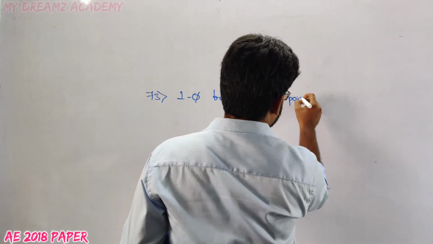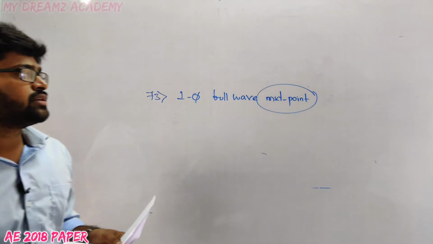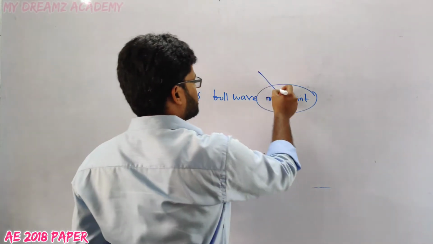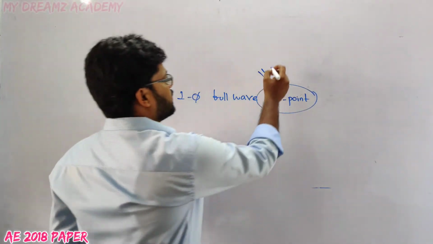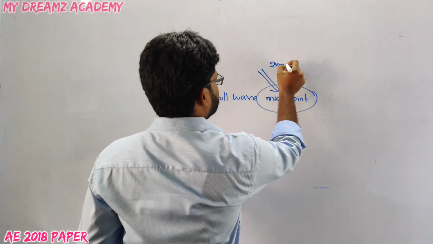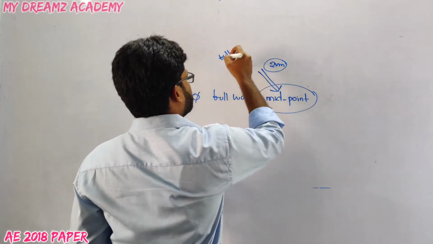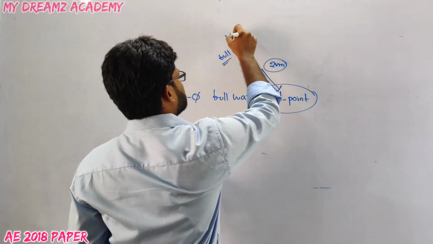Among all the rectifiers, which rectifier has the most peak inverse voltage? That is the midpoint converter. The peak inverse voltage of this one is 2 Vm. The peak inverse voltage of the full wave bridge rectifier is Vm. Half wave rectifier is also Vm.